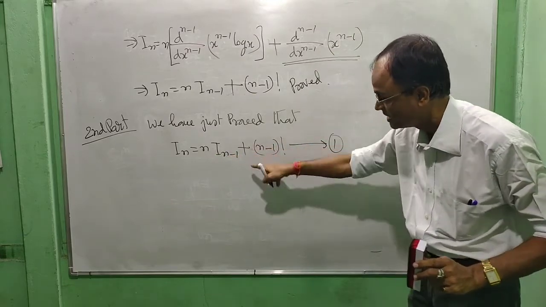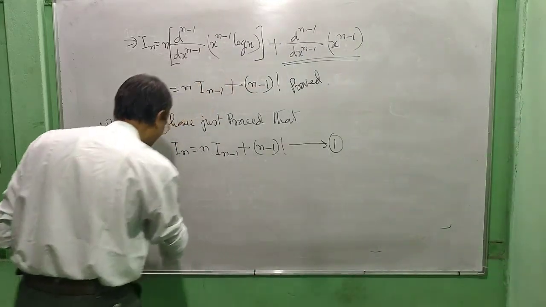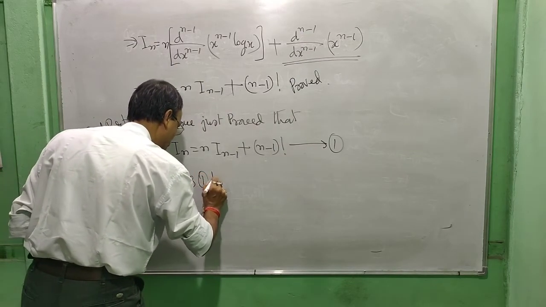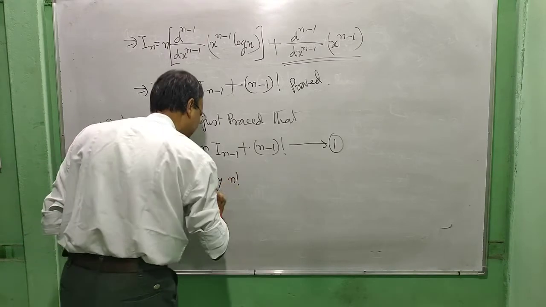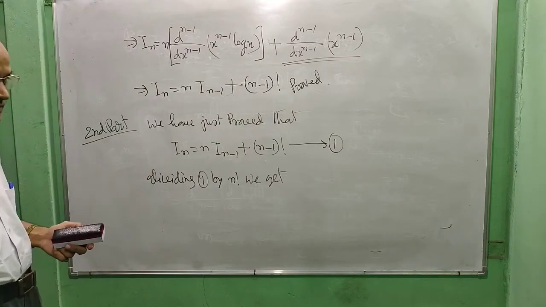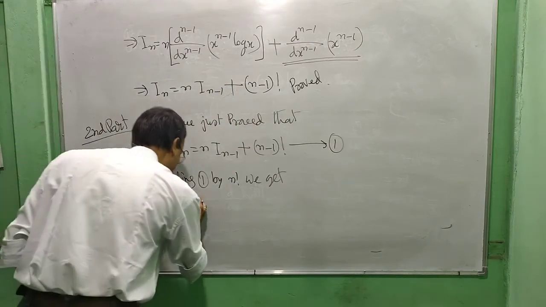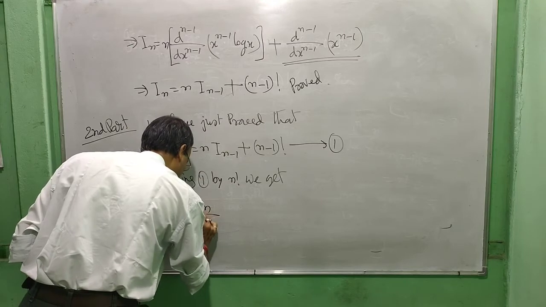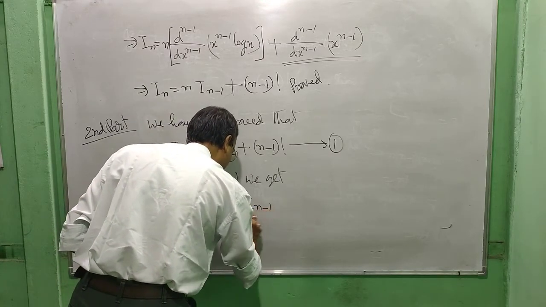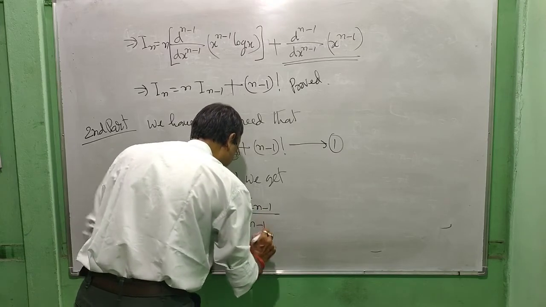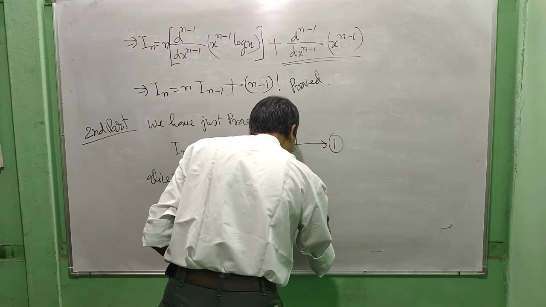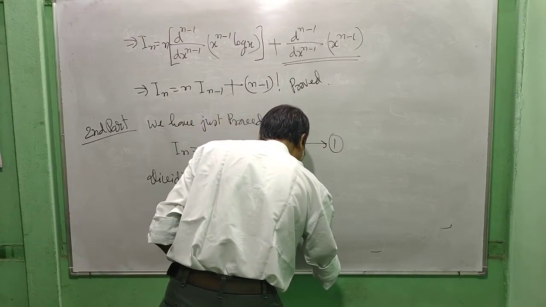Now divide this by factorial n. Dividing 1 by factorial n, we get I_n by factorial n is equal to n I_(n minus 1) by factorial n plus factorial n minus 1 by factorial n.